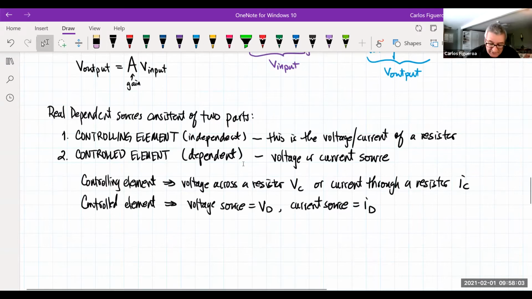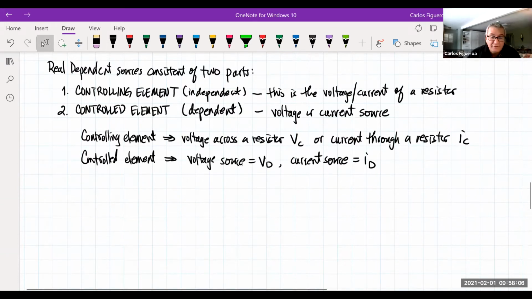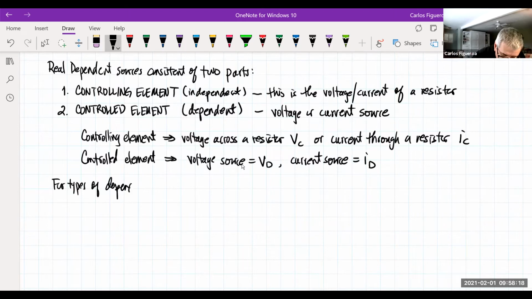So let's look at these things. So what you find here is that there's going to be 4 kinds of sources here, right? So there are 4 types of dependent sources. So let's list them here.